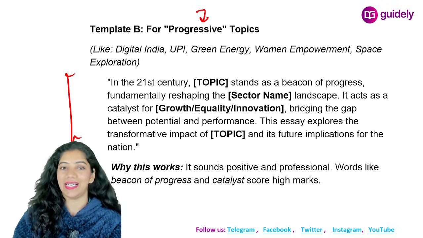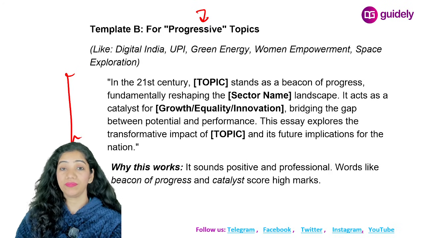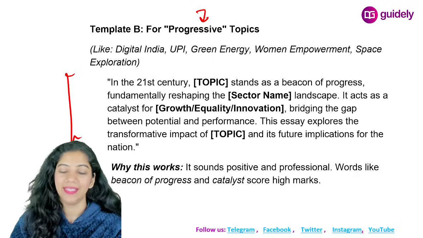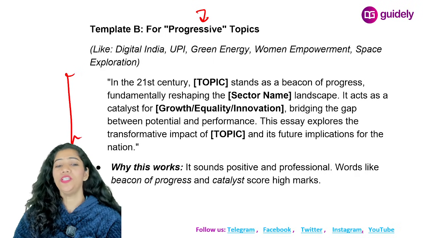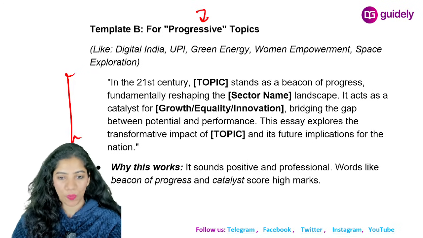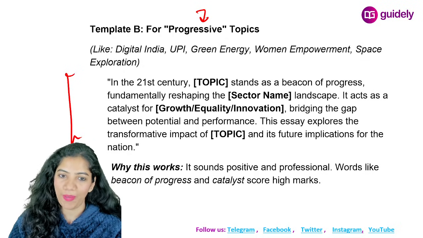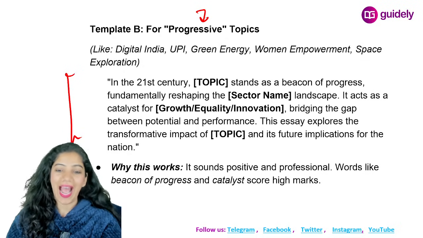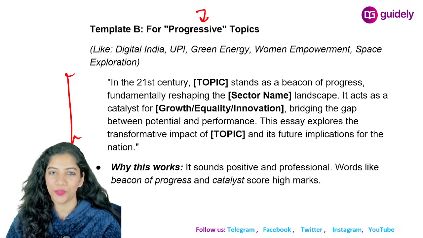It acts as a catalyst for growth and innovation, bridging the gap between potential and performance. This essay explores the transformative impact of green energy and its future implications for the nation.